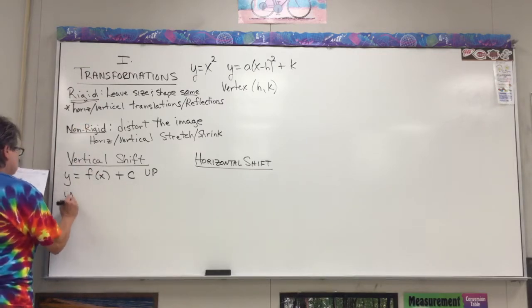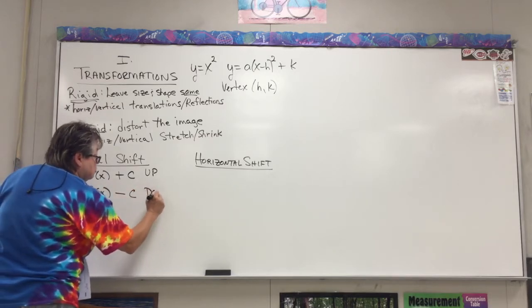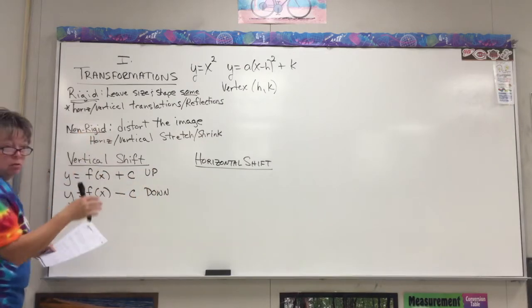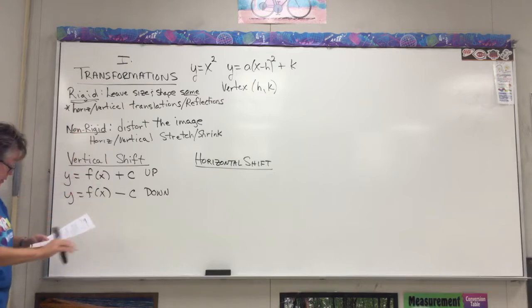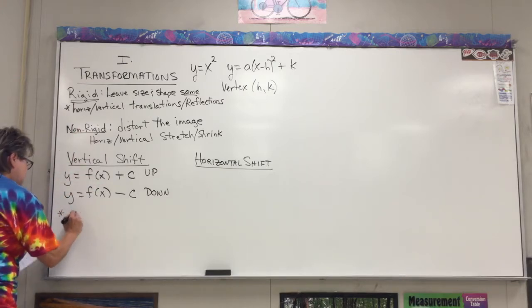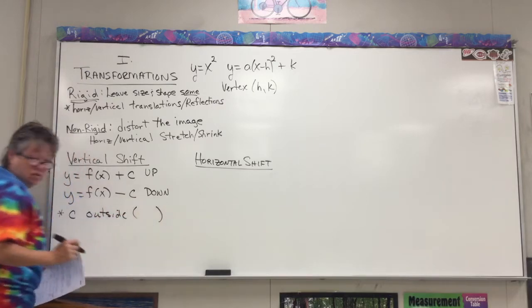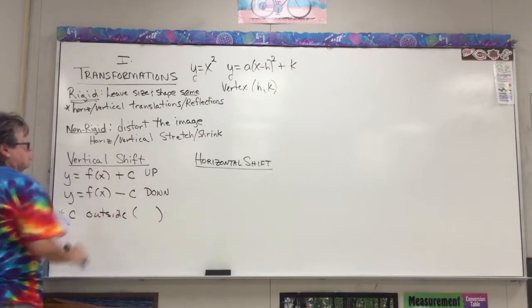If you do y equals f of x minus c, you're going to move down. That would drop your parabola, or whatever your parent function is that you're shifting, down. So the idea is if c is outside the parentheses, you're looking at an up and down, or a vertical shift.